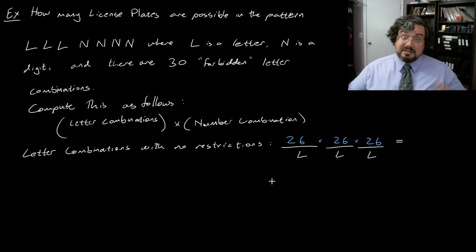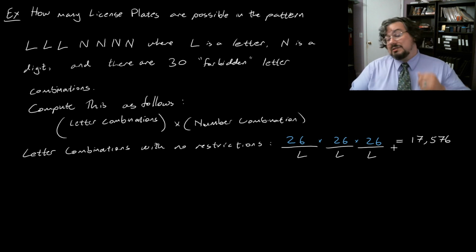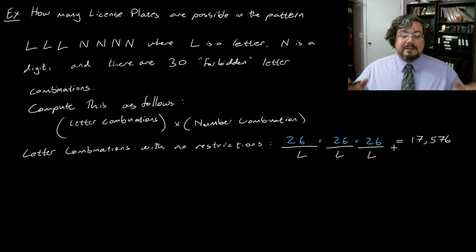This many ways of selecting 3 letters in a row. And it turns out that that gives 17,576. There are 17,576 ways of selecting 3 letters in sequence.